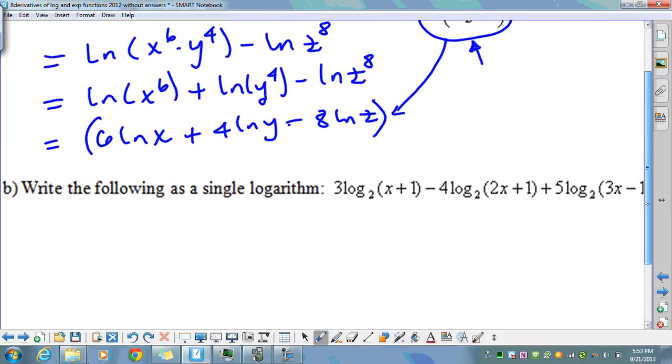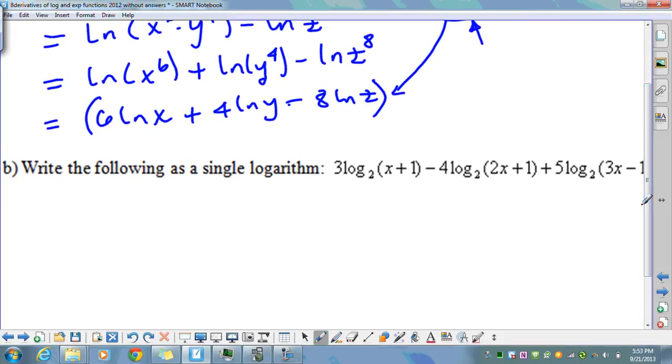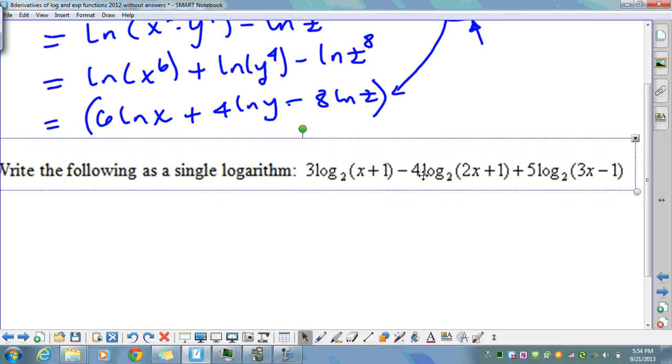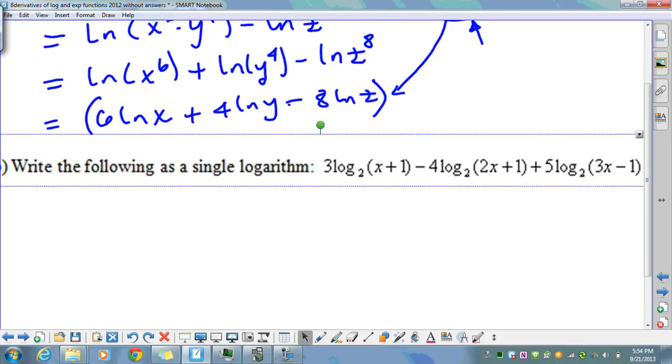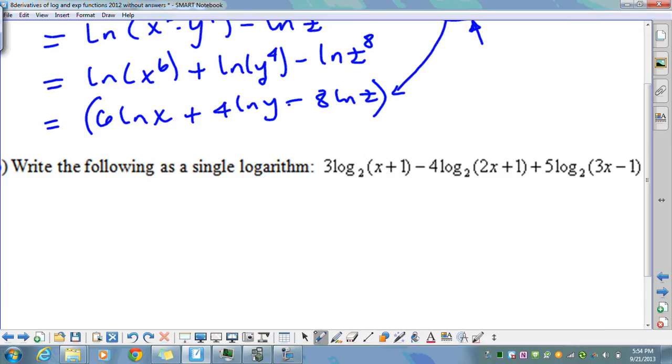And if you don't feel comfortable, by all means, show the other two steps as well. So we're doing something similar here on the last example. Now we have 3 separate logs, and our job is to combine them into a single log. Okay, so let's begin. First, we need to get rid of all these powers by putting them at the top.